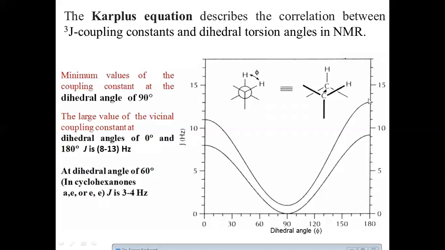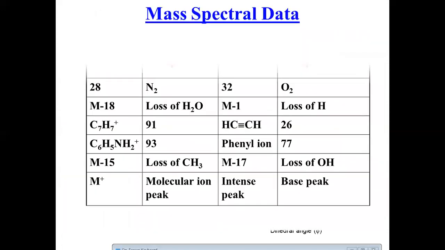It ranges from almost 9 to 13. So these are the values which you remember. And for cyclohexanones, when you have axial-equatorial, the dihedral angle is 60, equatorial-equatorial it is 60, and when it is diaxial, it is 180 degrees.